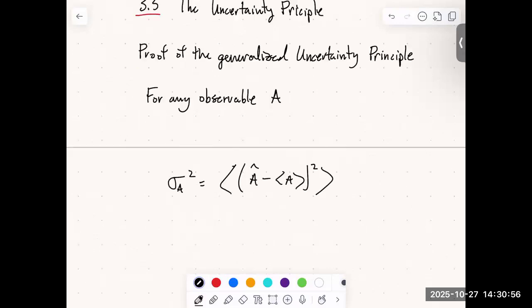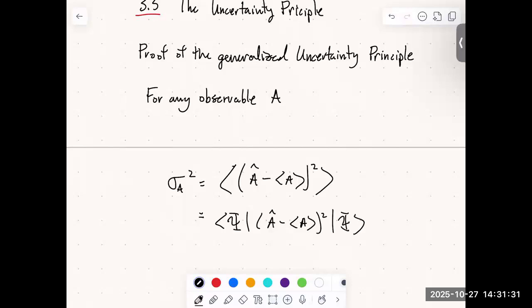This is exactly what we did when we proved that the eigenstates have definite eigenvalues, time independent. So let's see what happens here. What we mean by this is we're going to take A hat minus its average value, square it, and then find the expectation value of that.